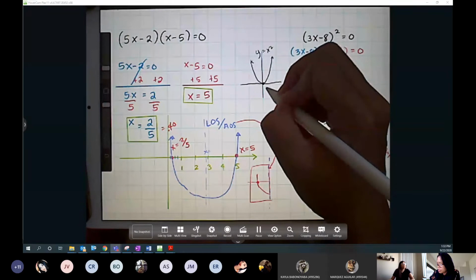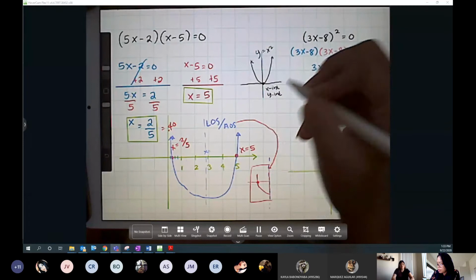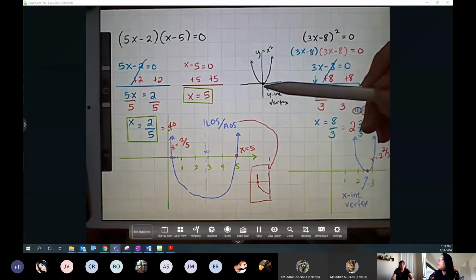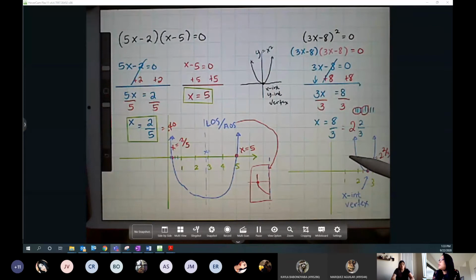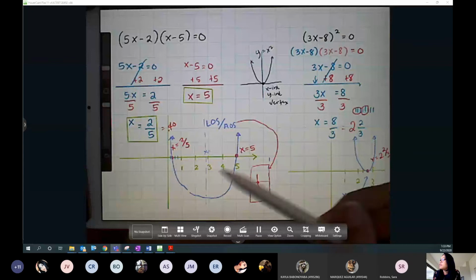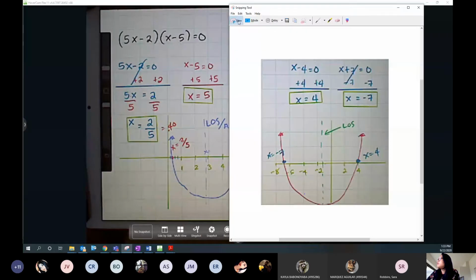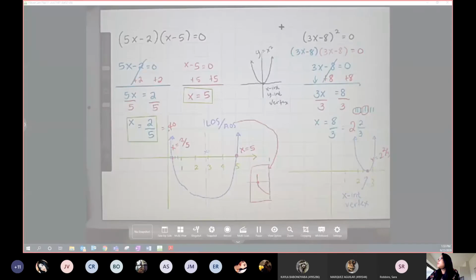Everything, the vertex, the x-intercept, the y-intercept, are all in one point for our parent. So the children sometimes are going to have the same x-intercept and vertex, and sometimes they're going to have different points. But those are all possible to happen.